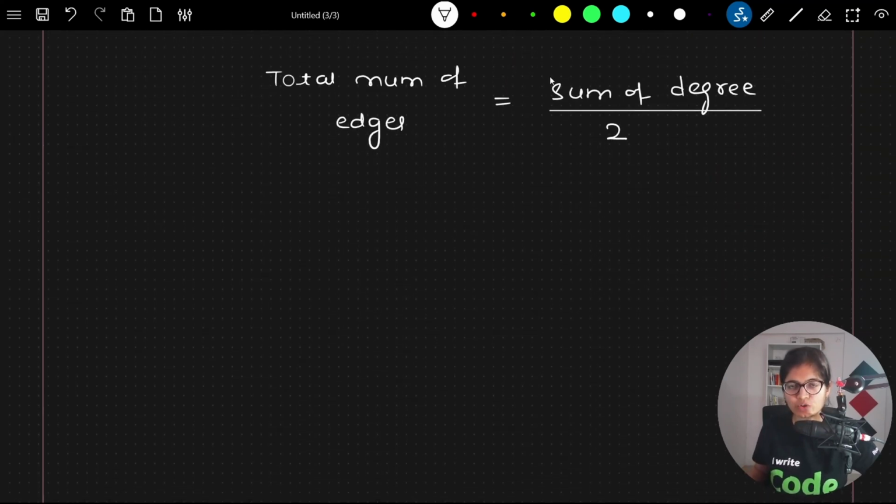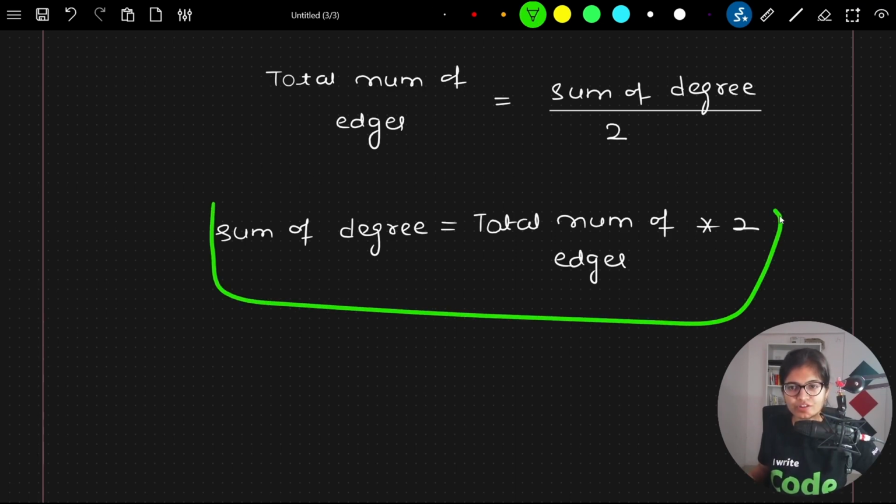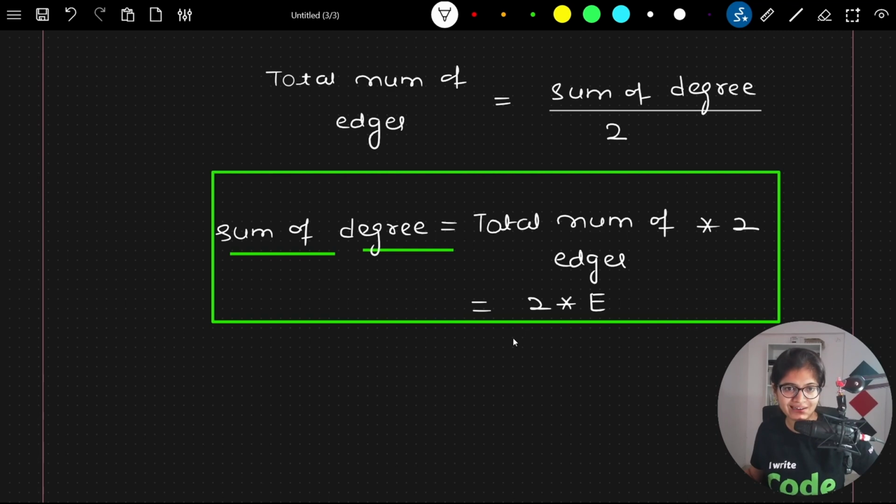So if I want to calculate the sum of degree here, it is equal to the total number of edges multiplied by 2. This is another way to calculate the sum of degree. It can also be written as 2 times E, where capital E indicates the number of edges. I will use this particular formula later on.